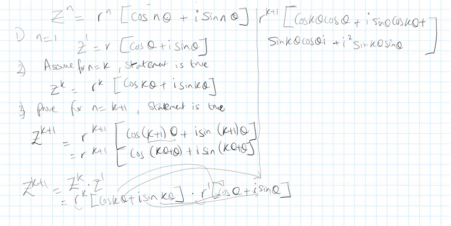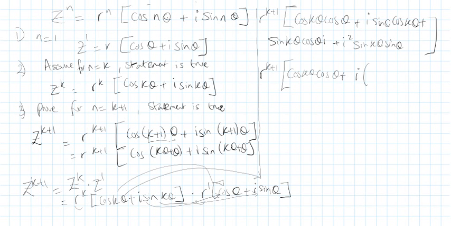Alright, and we try to simplify further. So it's r^(k+1), open bracket, cos kθ cos θ, plus, we have two terms having the i notation in it, so we can factorize the i out.